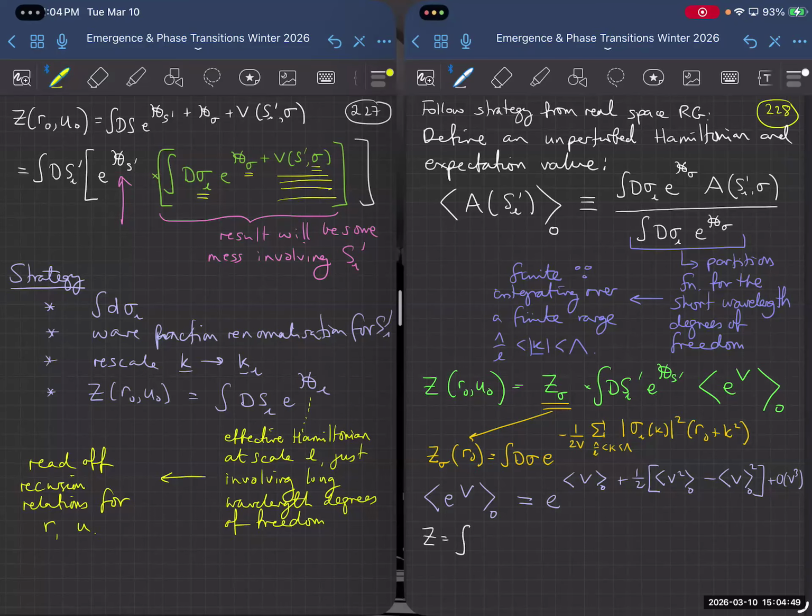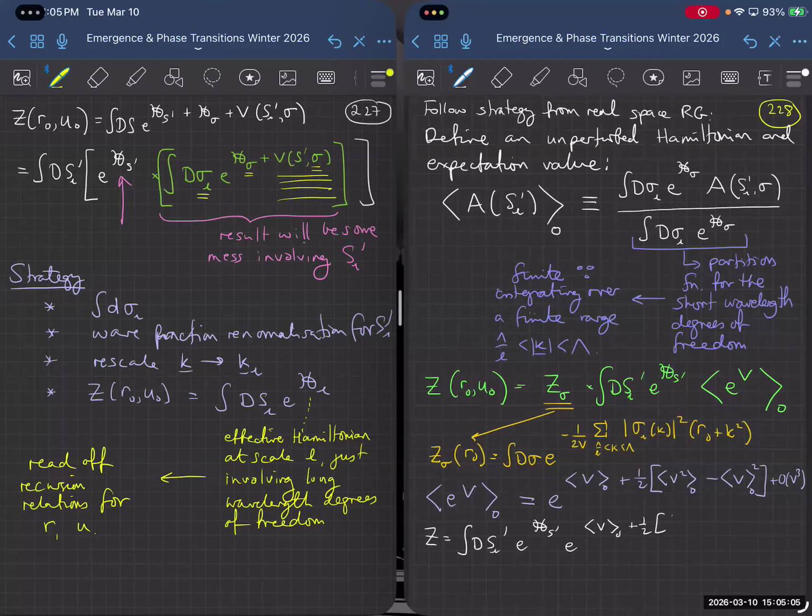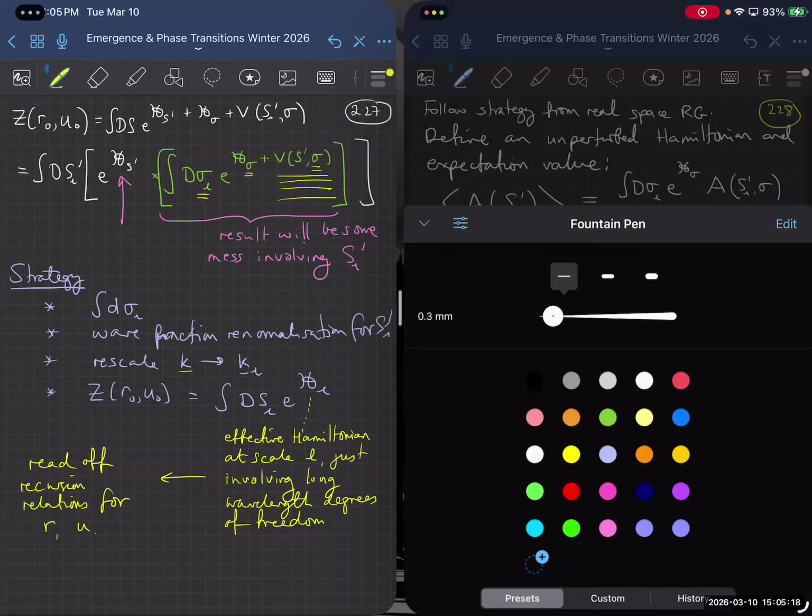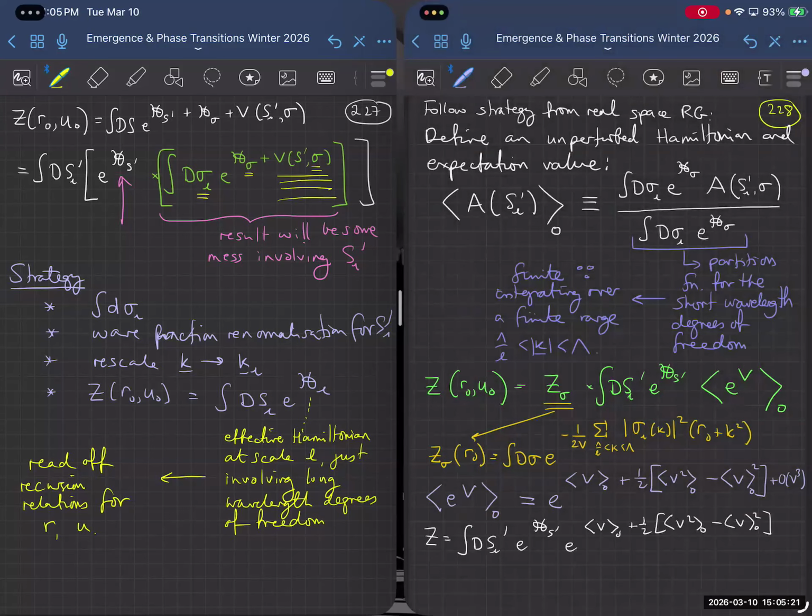That's going to look like the integral dS_L prime, and then e to the H of S prime, and then e to the expectation value of V plus 1/2 times the expectation value of V squared minus the expectation value of V, squared, like so. And after we've done this, let's suppose we now go ahead and do that integral, which is not too hard, but we have to do some work.